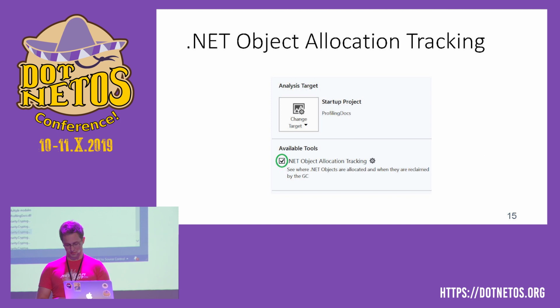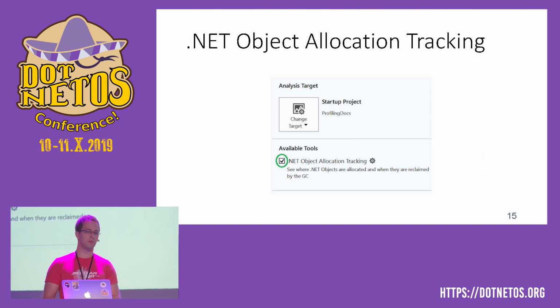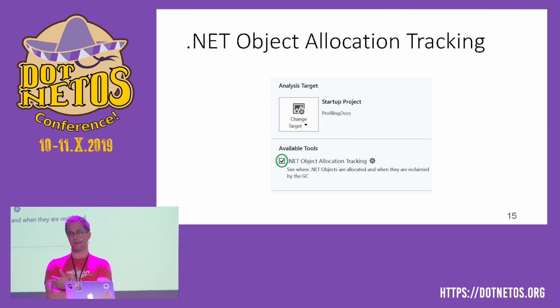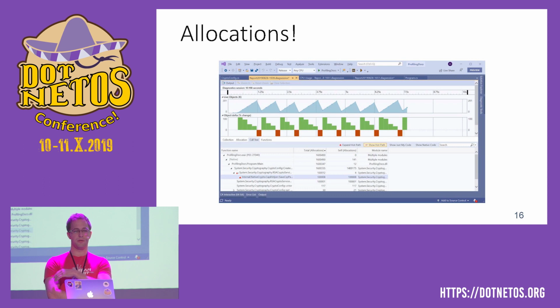And the other option that we have, .NET Object Allocation Tracking: when during the CPU investigation it turns out that .NET is spending a few percent or more of the time doing garbage collection, you should analyze the allocations. And Visual Studio also allows for that. The time for this demo is limited.